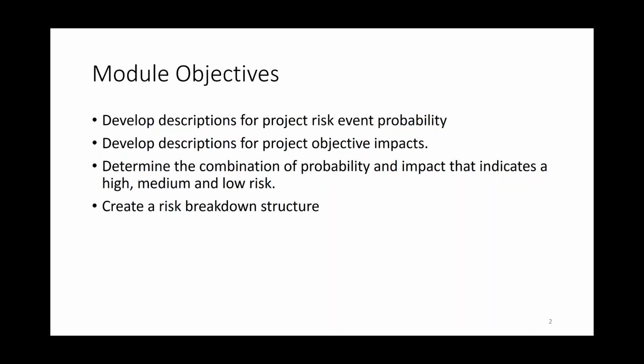So we're going to develop descriptions for the impact to each of those objectives. Then we're going to say which combination of probability and impact is a low risk, which combinations are a medium risk, and which are high. Along the way we're also going to talk about the purpose of a risk breakdown structure and how you develop one. So that's what I'm going to go over in this webinar.